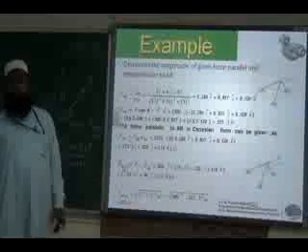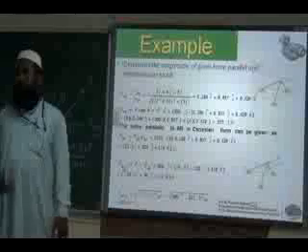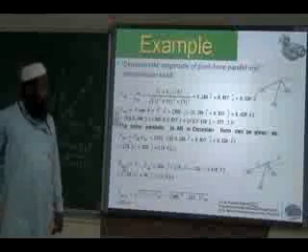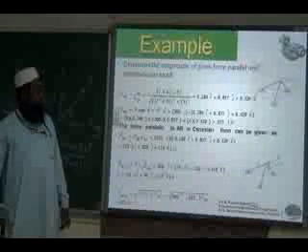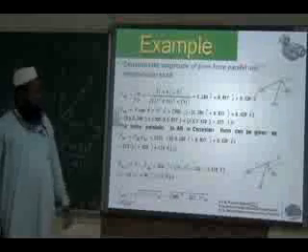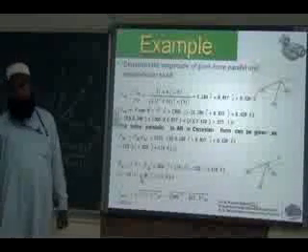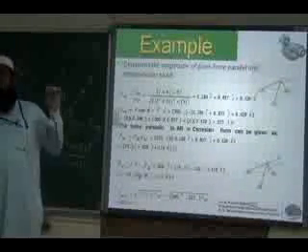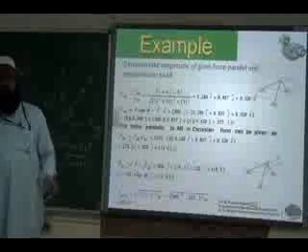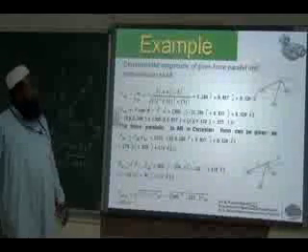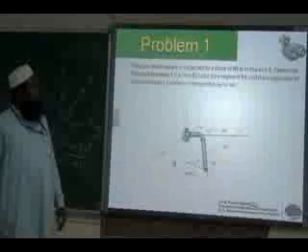Also, we can obtain the perpendicular component by vector subtraction, and the magnitude can be obtained. So like this, the dot product concept can be used. I will explain one more problem, then you can take down.